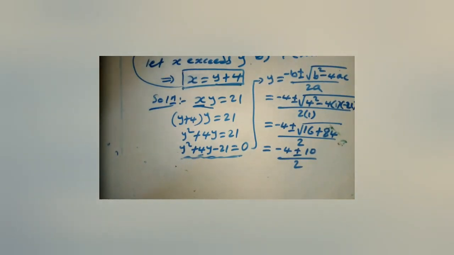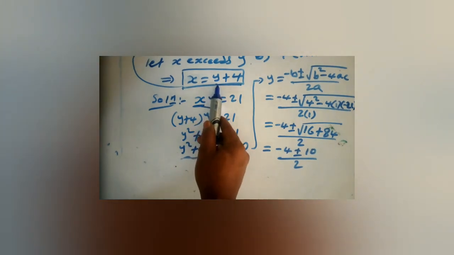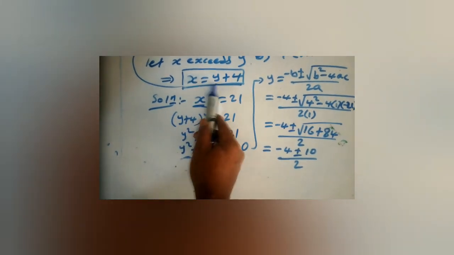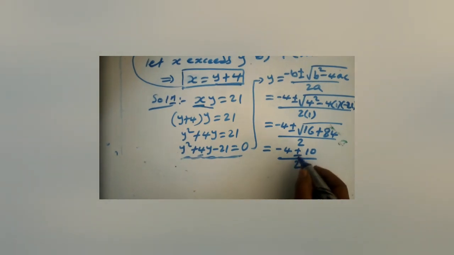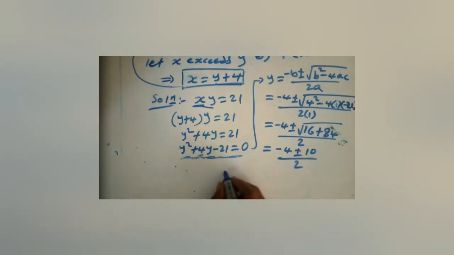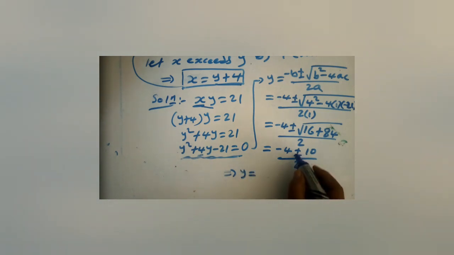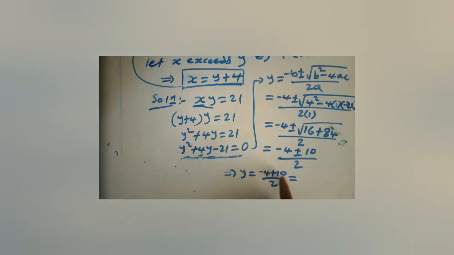ልብ ማለት ያለብን እስካሁን እየፈለግን ያለነው የyን ዋጋ ነው. የyን ዋጋ ካገኘን የxን ዋጋ በዚህኛው ኢኩዌሽን ማግኘት እንችላለን. ስለዚህ ሁለት አማራጮች እናገኛለን. Using the addition, y is minus 4 plus 10 over 2, minus 4 plus 10 is 6, over 2 which is equal to 3.